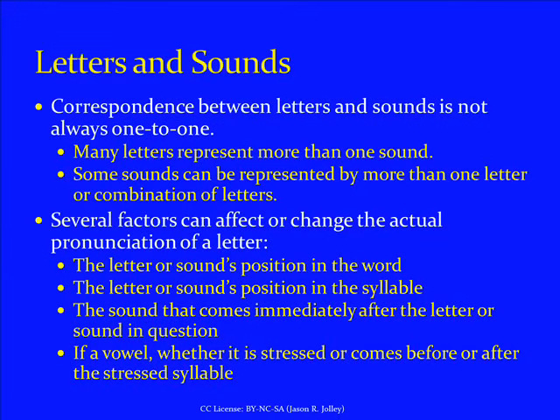And then if the sound is a vowel or the letter is a vowel, we have to think about whether or not it's stressed or if it comes before or after the stressed, sometimes called the tonic syllable. So these are some reasons why we really have to dig deeper, go beyond that simplistic A is for apple, B is for boy type of approach to teaching the alphabet if we really want to understand the relationship between letters and spellings and sound and the pronunciation of words. And that's what we're going to do in this video.